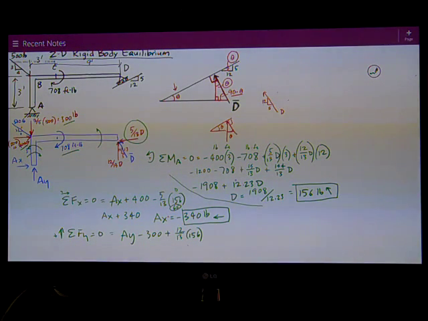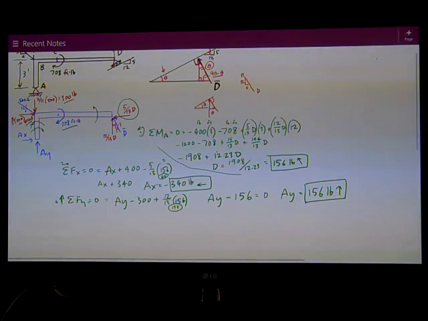And that equals 144 pounds, 12/13 of 156. So I have AY minus 156. If I combine the negative 300 and the positive 144, that equals 0. Therefore, AY is equal to positive 156 pounds. Positive means up.